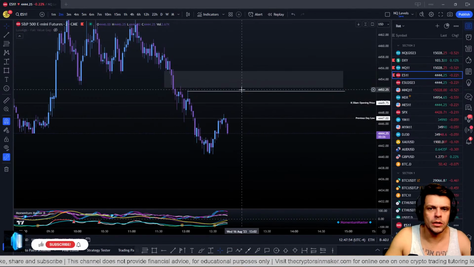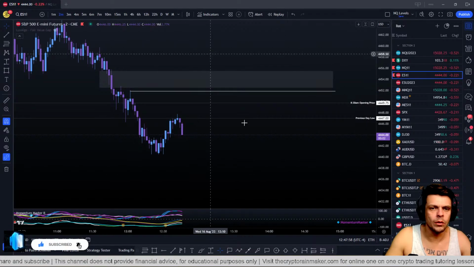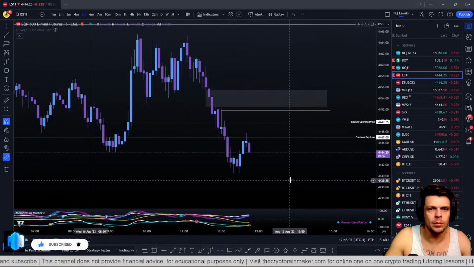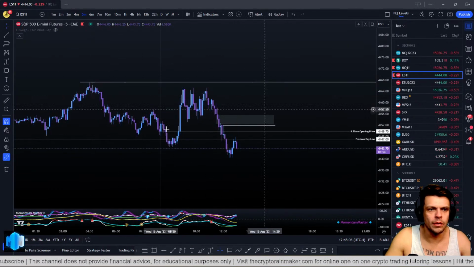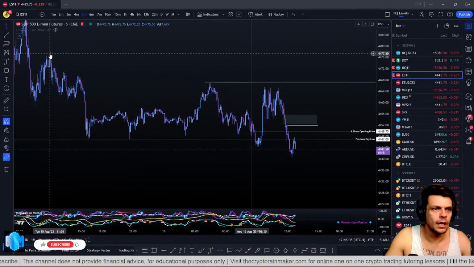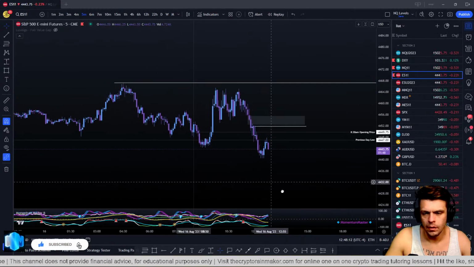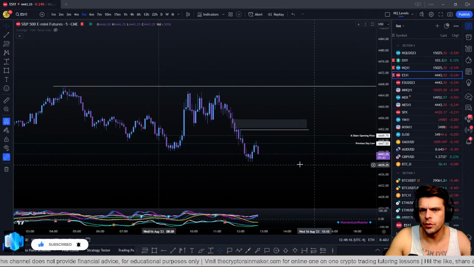So if we displace above this level, then the long setup is on. Then we can wait for that retrace into a 5-minute fair value gap, and then we play it towards the buy side liquidity above these highs, as well as that high right there. Right, so that's basically currently my plan for the rest of the day.